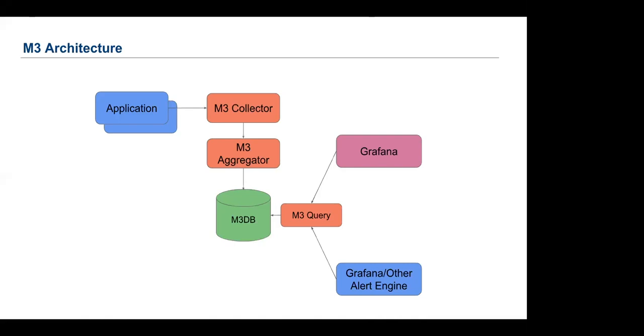On the query side, people usually query through Grafana or our alerting engine. They point those to M3 query service. M3 query service looks at the query expressions, figures out what raw data you need, hits M3DB to get that raw data, applies any other functions over it, and finally returns the results. So this is a very basic architecture diagram.